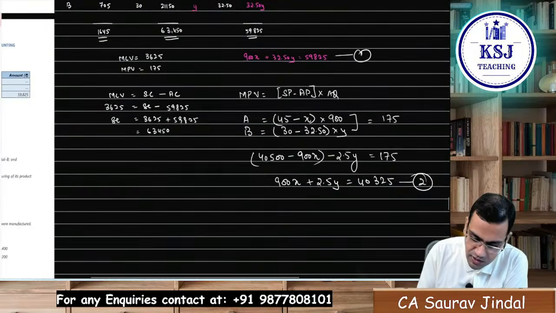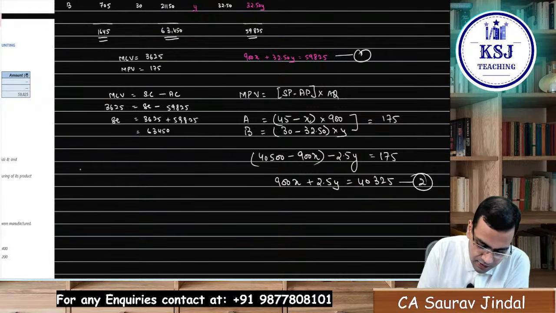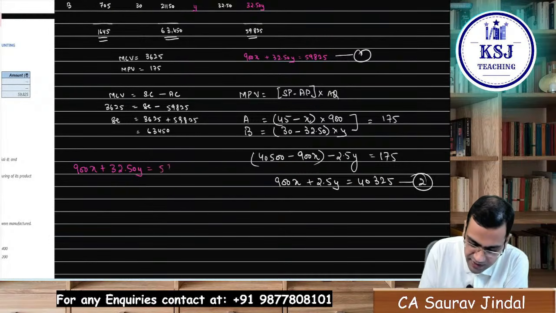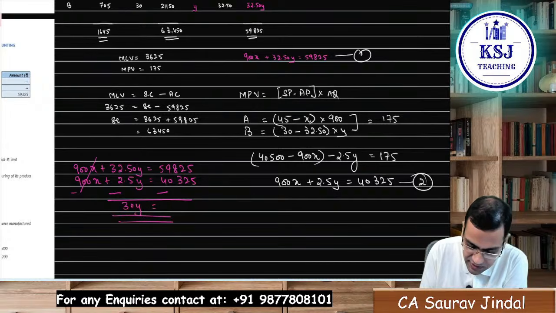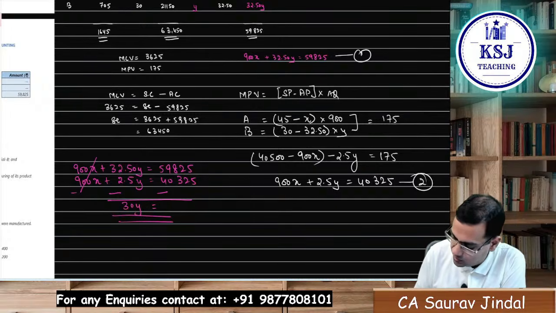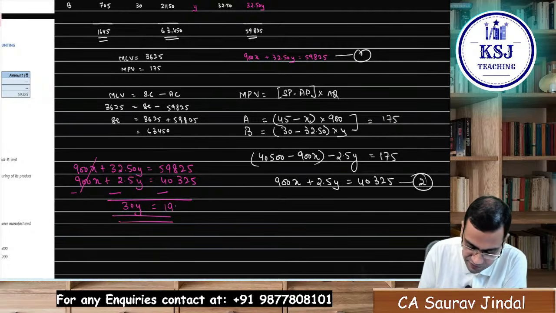They are 900X plus 32.50Y is equal to 59,825, and 900X plus 2.5Y is equal to 40,325. The 900X will get eliminated, right? So 30Y is equal to 59,825 minus 40,325, which equals 19,500.